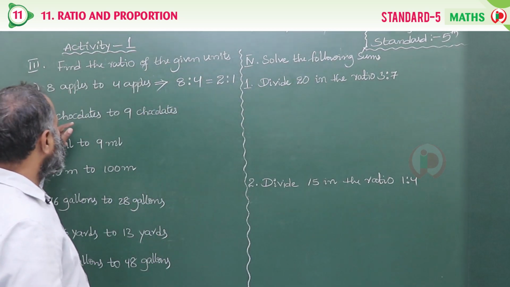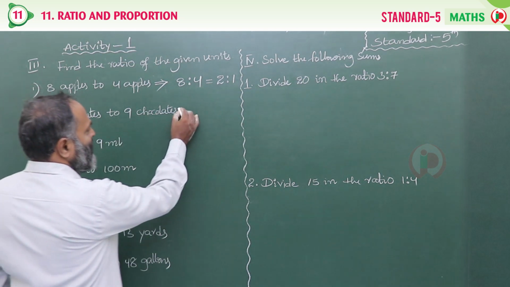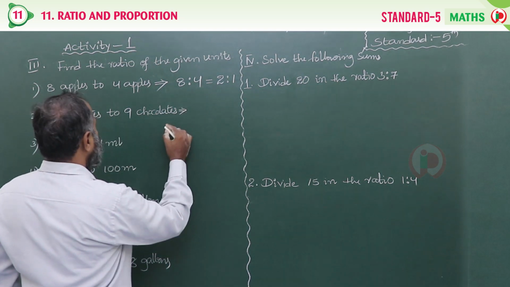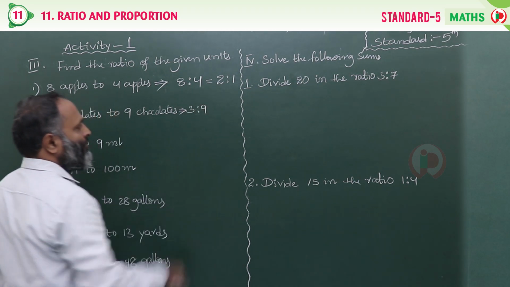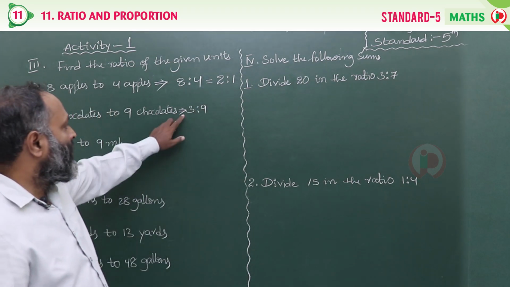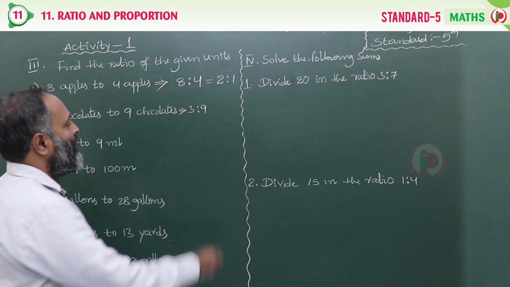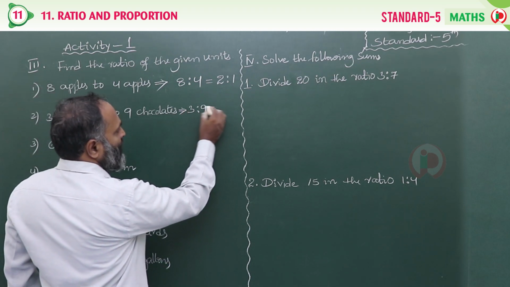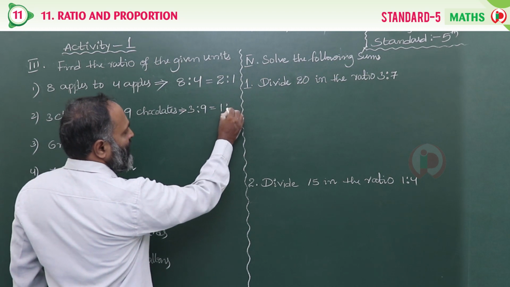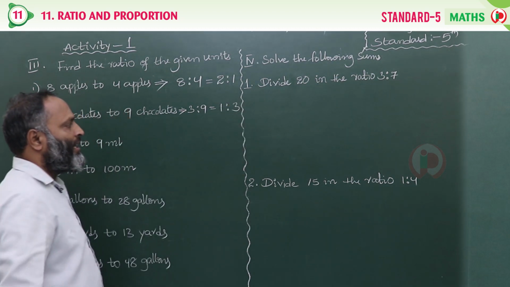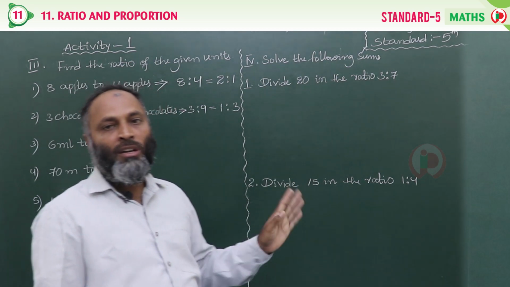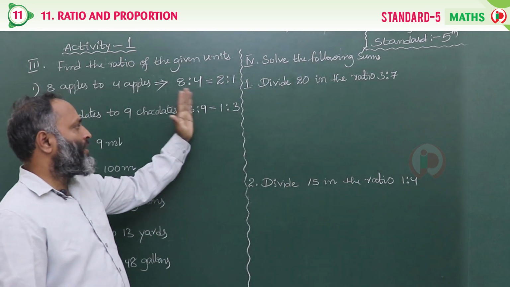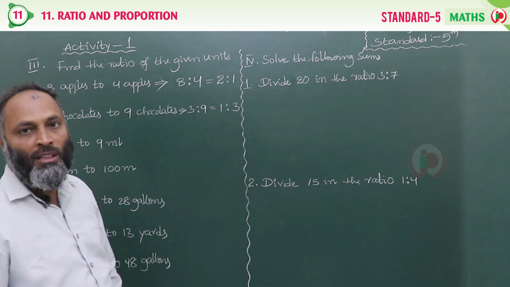Now 3 chocolates to 9 chocolates. How is it? 3 is to 9. How to simplify? 3 1s are 3, 3 3s are 9. So in simplified form, 1 is to 3. Okay, 3 chocolates to 9 chocolates, that is 3 is to 9, that is 1 is to 3.